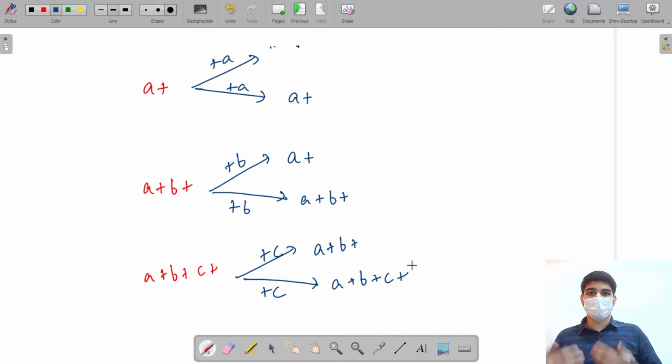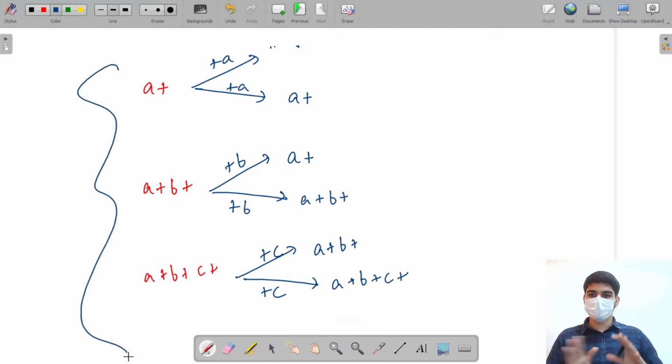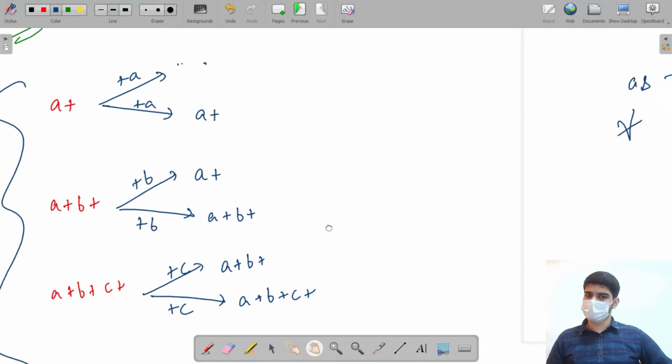If I already have an A plus B plus C plus subsequence, I can add another C at the end of it. It would just be consecutive C's at the end, right? So I hope this is clear, and this is the way in which we can create subsequences of a certain type. Understandable? Now we are going to use this concept to build a DP and to solve it, right?